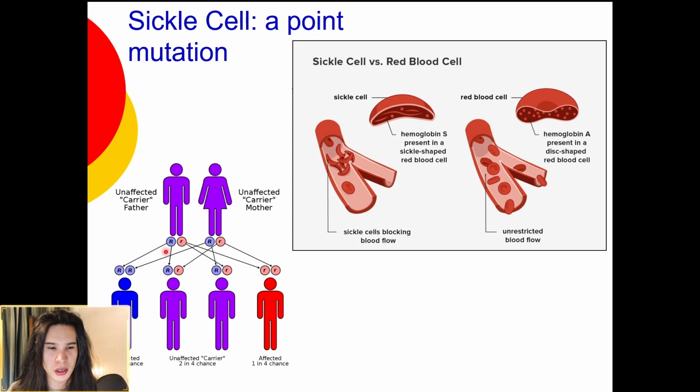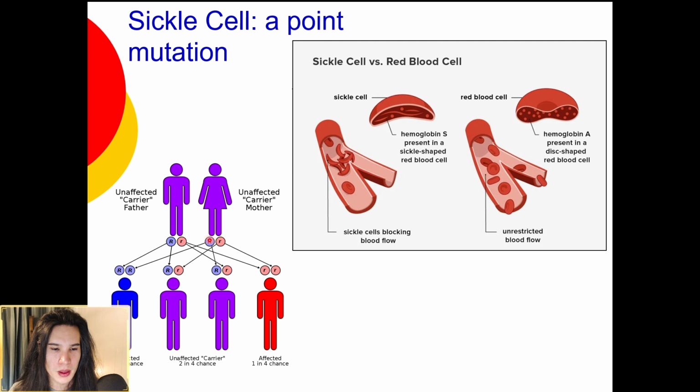So here is just showing the genetics of it. You could have an unaffected father carrier. So he has a normal allele and an affected allele, and he mates with an unaffected carrier mother, which has the normal allele and the affected allele.